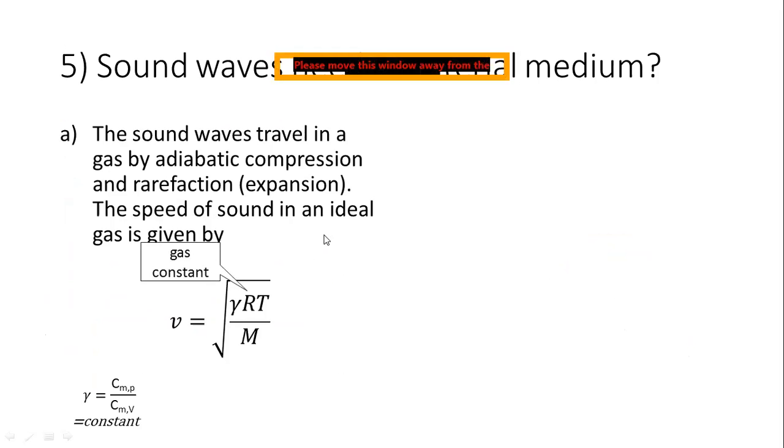Okay, there's a formula. The speed is constant for a particular tube. It depends on the atmospheric pressure and the density, which I didn't write for you, but anyway, it depends on the temperature.